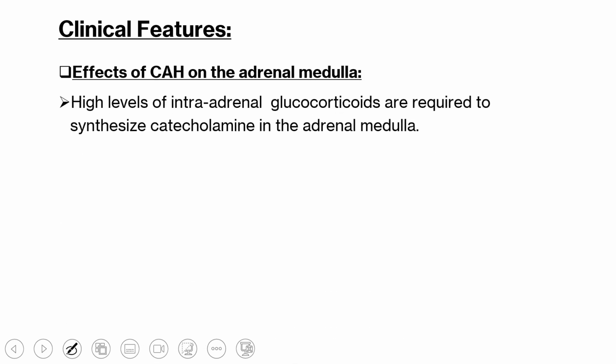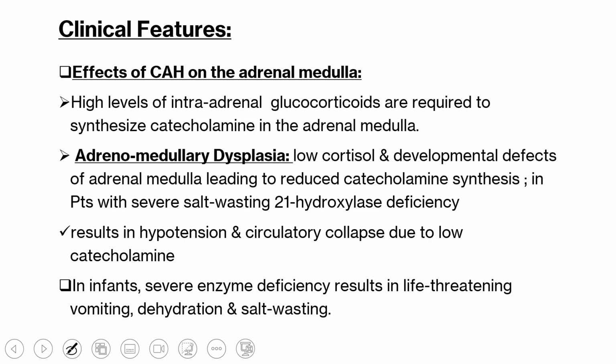And the clinical features that we can see are, the high levels of intra-adrenal glucocorticoids are required for the synthesis of catecholamines in the adrenal medulla. But in this congenital adrenal hyperplasia, the level of cortisol is low, so we have seen that cortisol has a permissive action on the beta adrenergic receptors as well, and also it has a role in synthesis of catecholamines. So if the level of cortisol is low, then the synthesis of catecholamines will be compromised, and that results in adrenal medullary dysplasia.